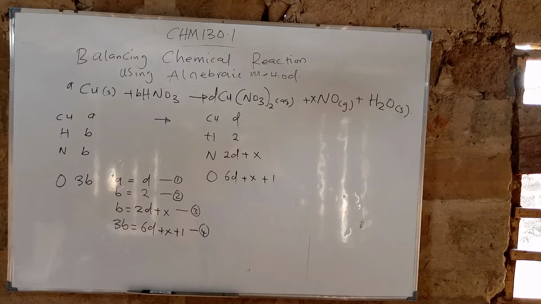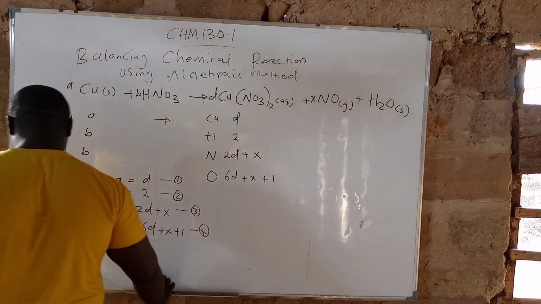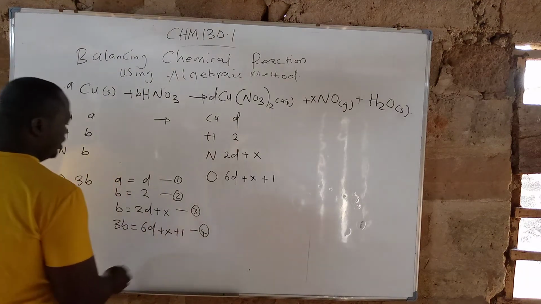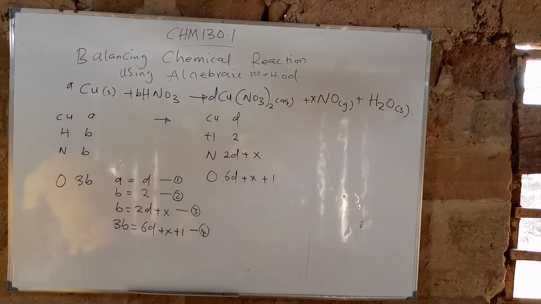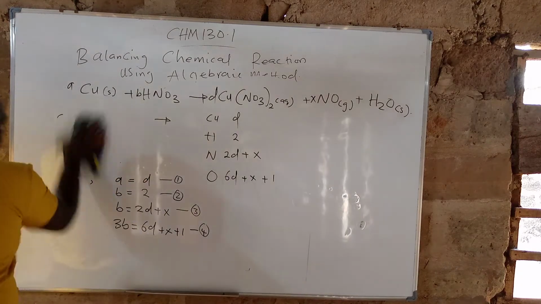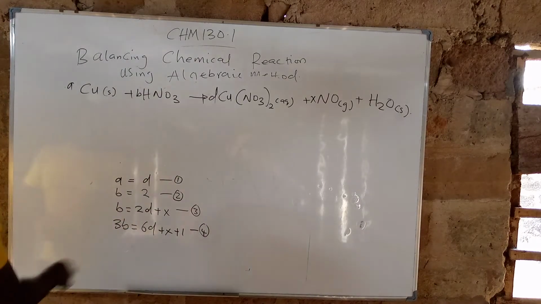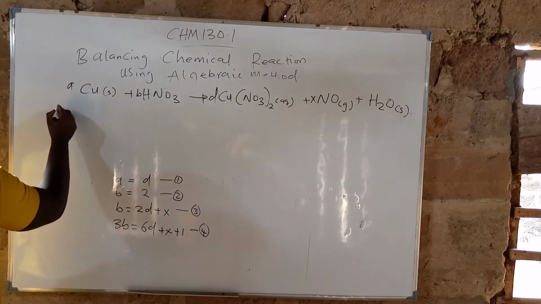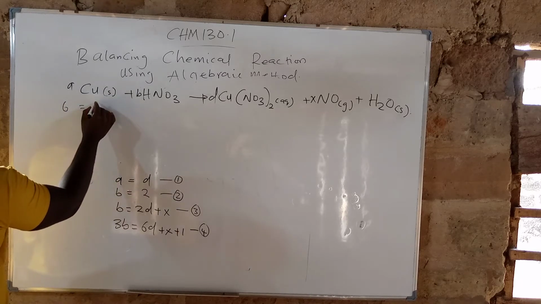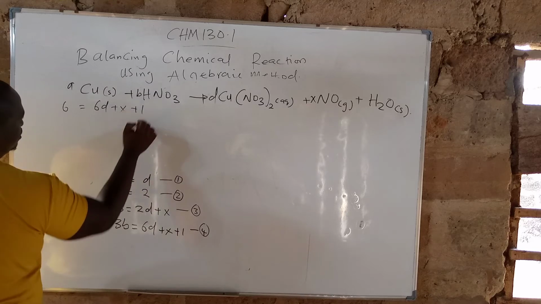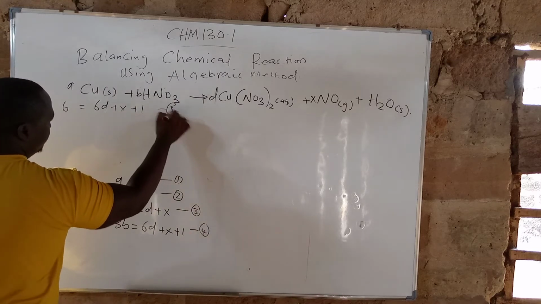So the next thing we're going to do right now is put equation 2 into equation 4. So B is equal to this. Putting it into equation 4, that means this one will now change to 6 is equal to 6D plus X plus 1. Let me call it equation 5.